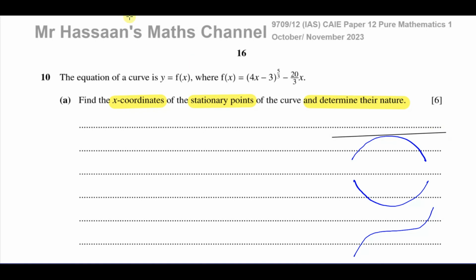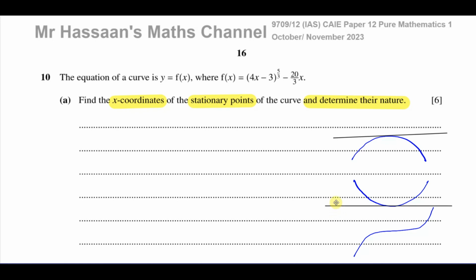If I drew a tangent at the point where it turns, that tangent would have a gradient of 0. If I drew a tangent at this point for the minimum, it would have a gradient of 0 as well.